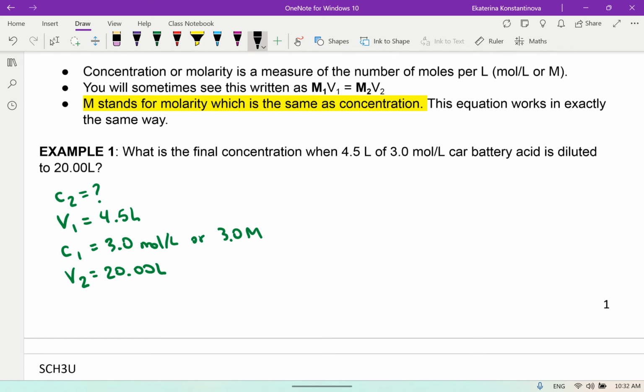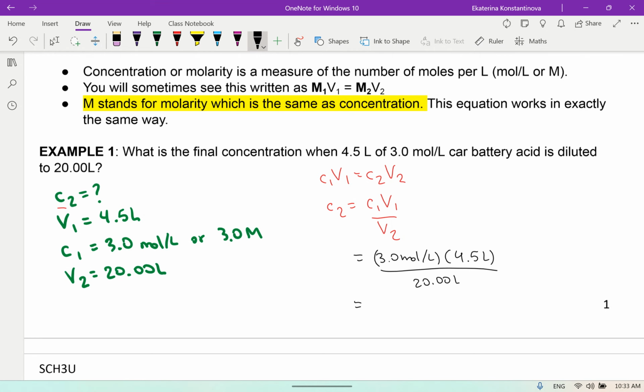So when we solve, we're going to use our equation C1V1 equals C2V2, and we're going to rearrange it for C2 is equal to C1V1 over V2. Let's plug in our values where our concentration is 3.0 mole per liter times 4.5 liters over 20.00 liters.